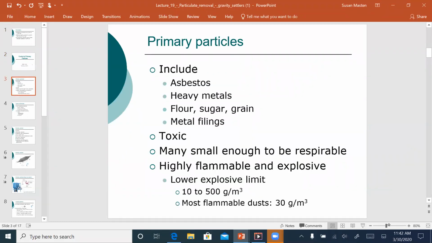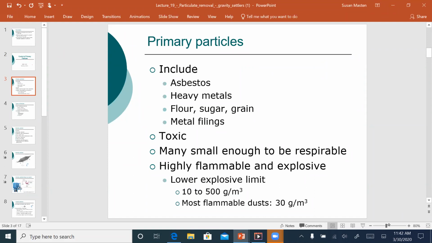And these include materials that are produced during any sort of manufacturing process. They could be produced during a milling process, during construction activities, mining operations.